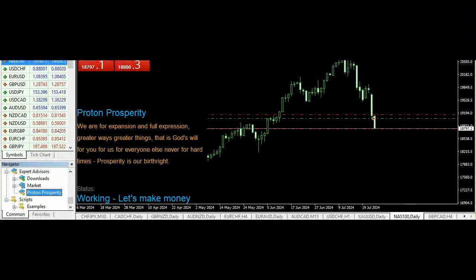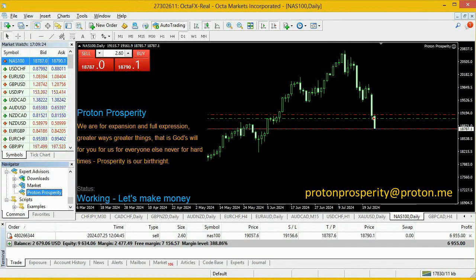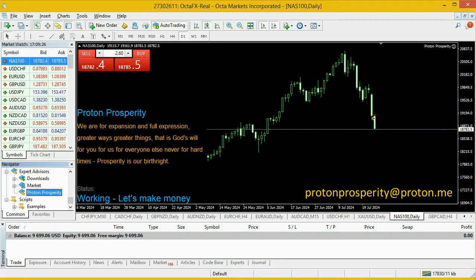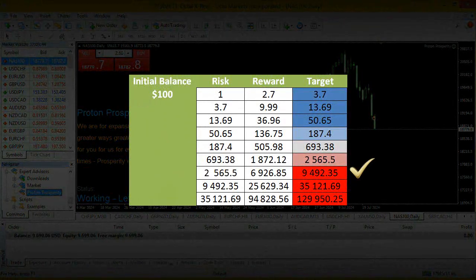And 5 hours 4 minutes into the trade. Take profit triggered. Our take profit is triggered. As you can see, our balance is now $9,699. Now we are here.